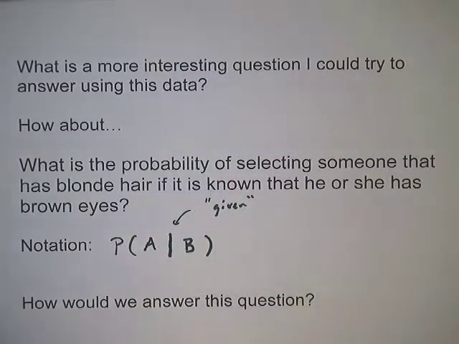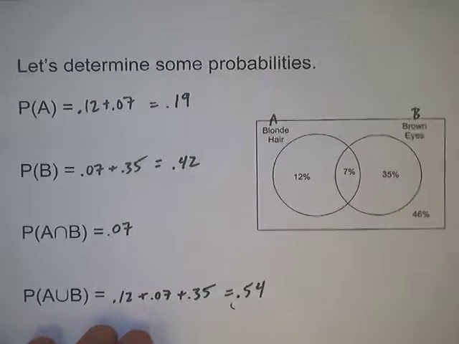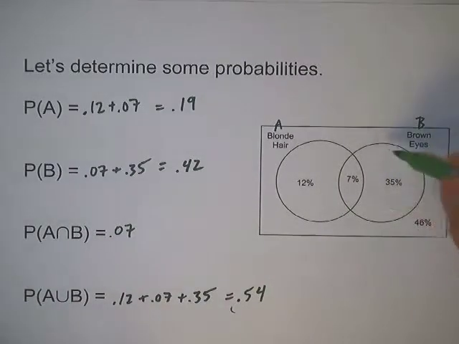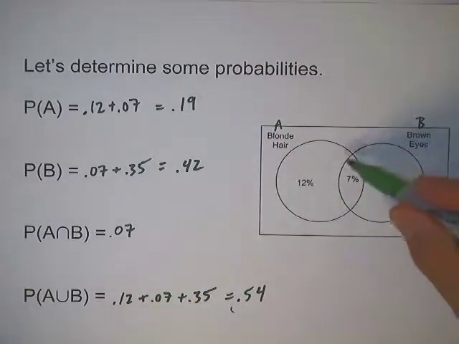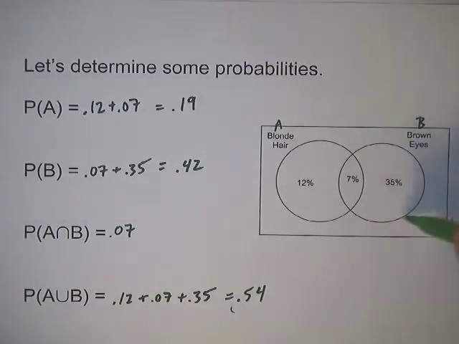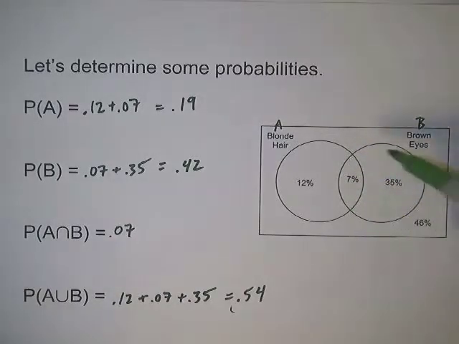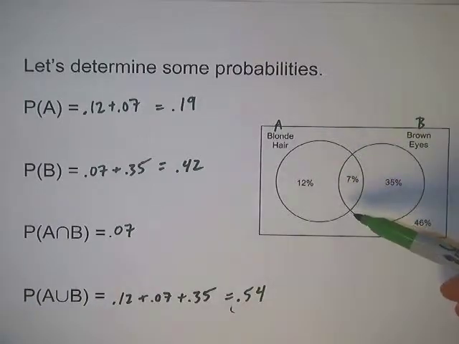So now let's go back and see if we can actually figure out what this probability is. Remember that our given was that the person had brown eyes. So if we look at brown eyes, we want to know, of all of the people with brown eyes, remember that's the 42%. So out of these 42%, what's the probability then of selecting somebody that also has blonde hair? So we're looking at the 7% out of the entire 42% of people that have brown eyes.